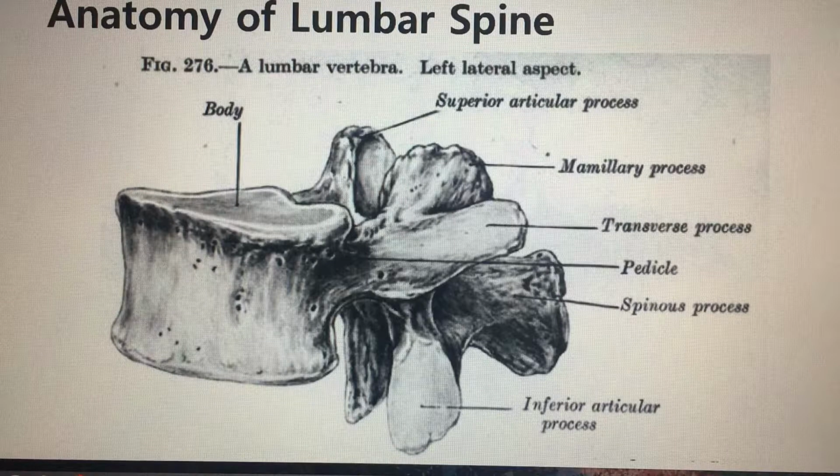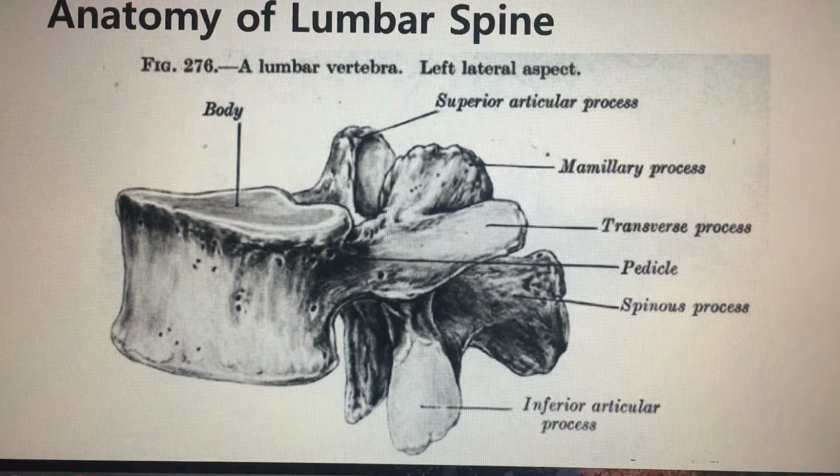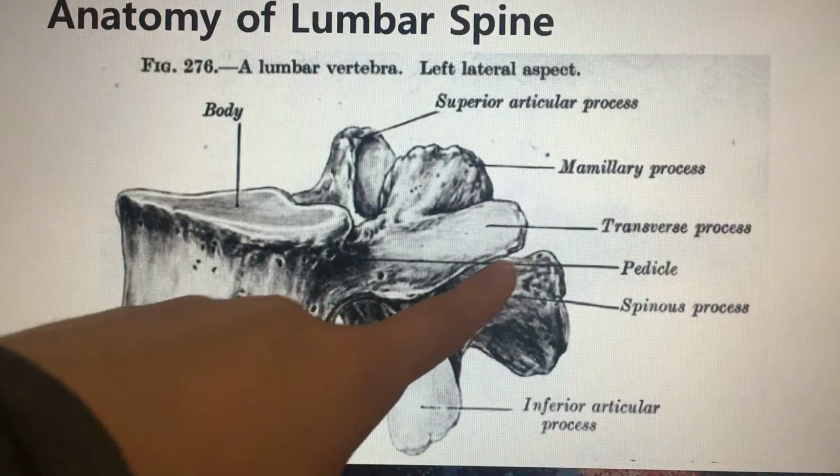We can see the anterior body and all of the posterior compartment. Between them, there's a pedicle too. Transverse process, spinous process, mammillary process, and superior and inferior articular processes, and between them the pars interarticularis.